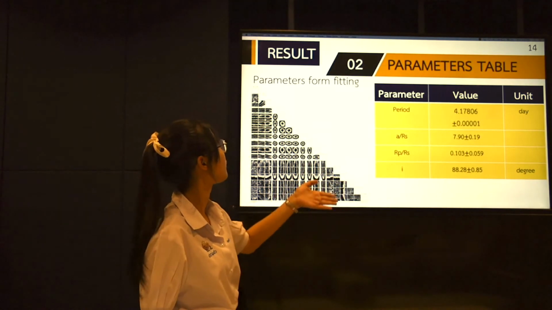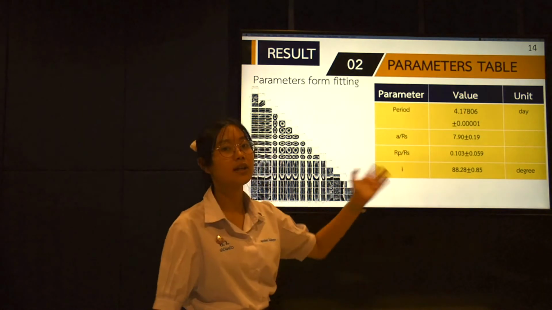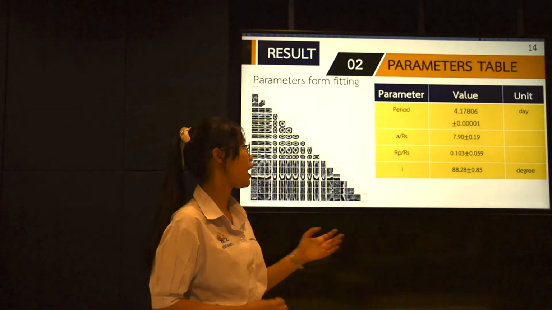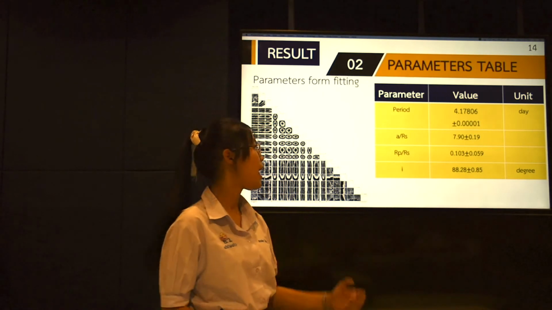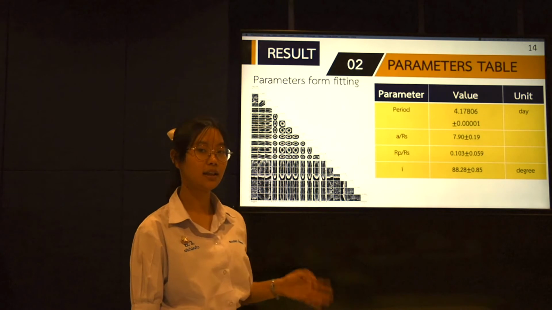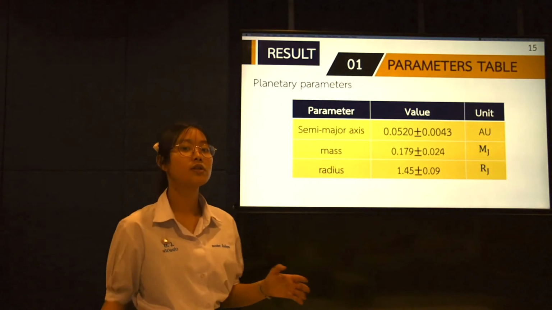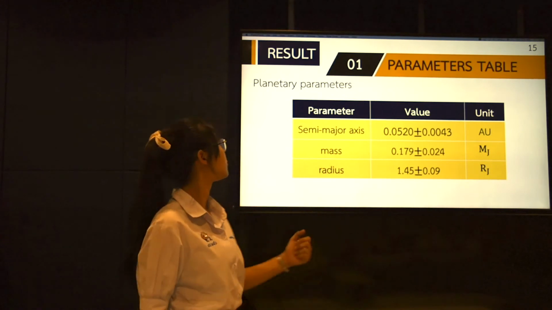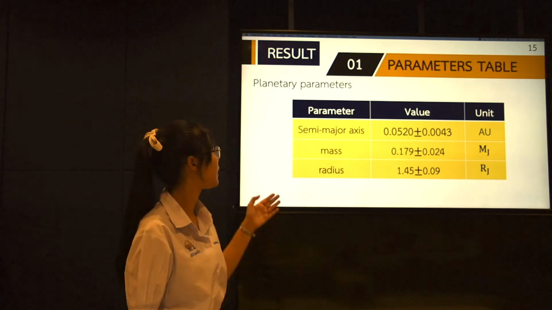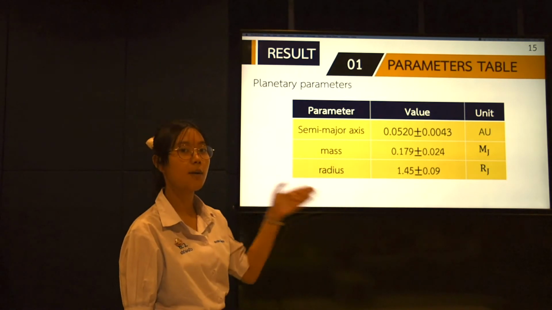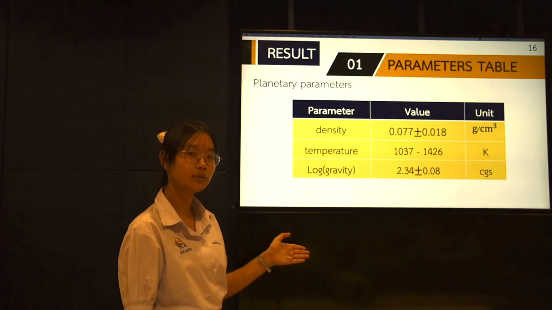This table shows the parameters for fitting, which include period. a means the semi-major axis, and Rs means the radius of the star. Rp means the planetary radius. i means the planetary inclination. Then we use the fitted parameters to calculate the planetary parameters, which include semi-major axis, mass, radius, density, temperature, and logarithm of the gravity.